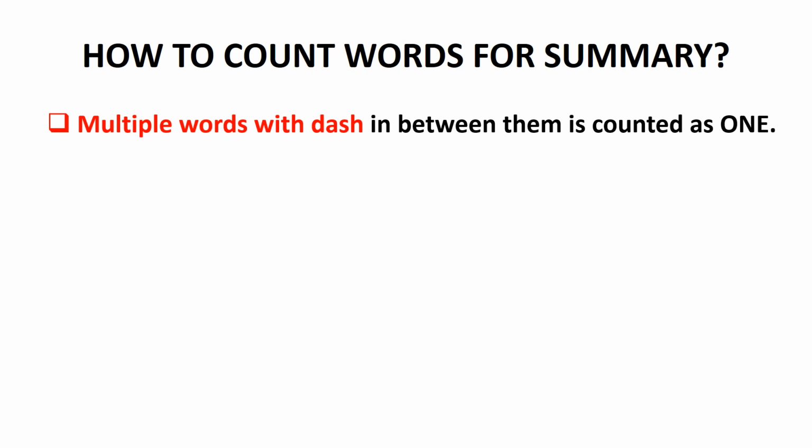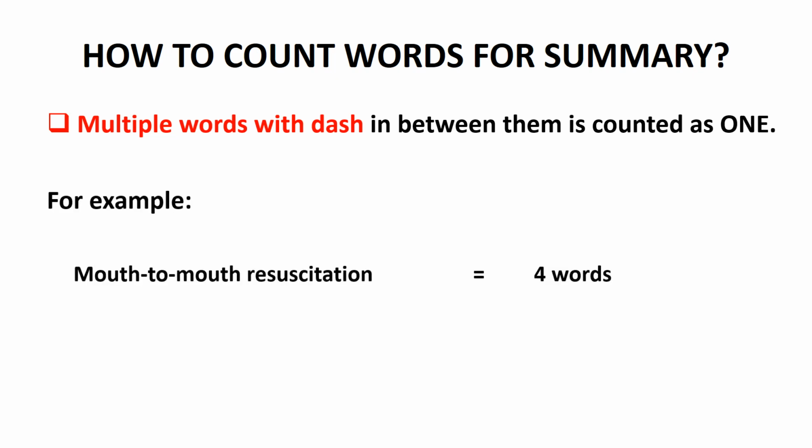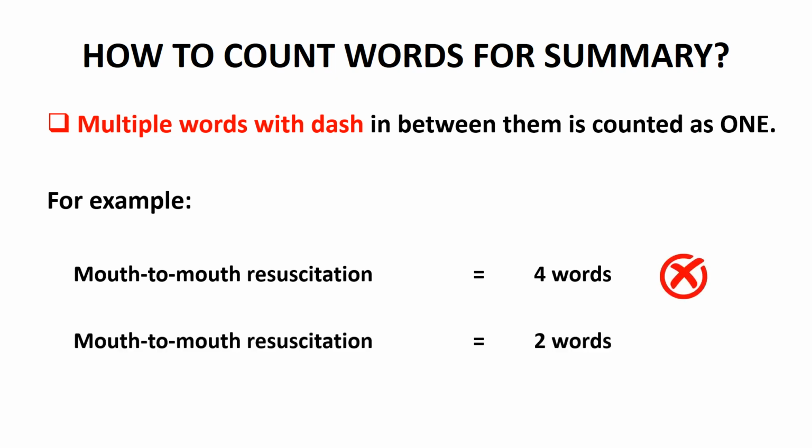Another one is multiple words with dashes in between them, which are counted as 1 word. Let's see an example. Mouth-to-mouth resuscitation. If we count this like BM, mouth-to-mouth resuscitation is considered 4 words, but it's wrong. Mouth-to-mouth is considered as 1 word. So here mouth-to-mouth resuscitation is only considered as 2 words.